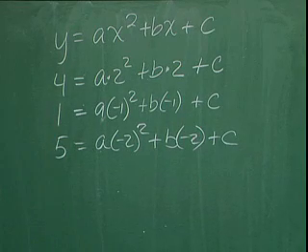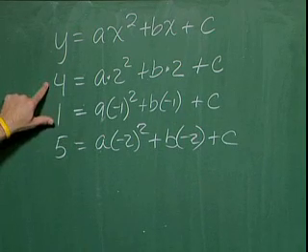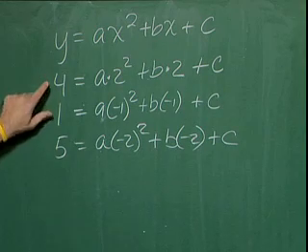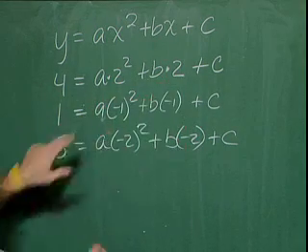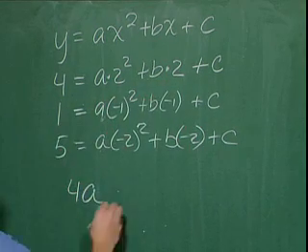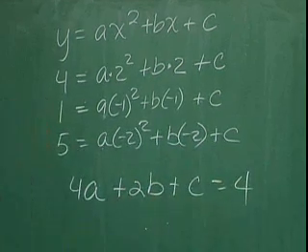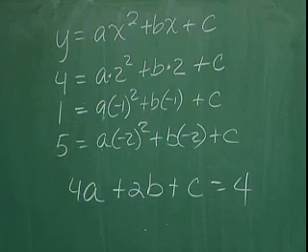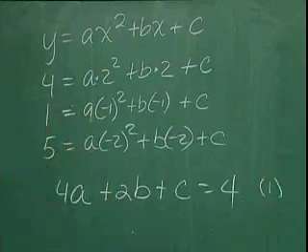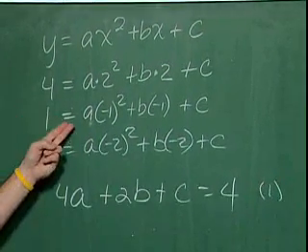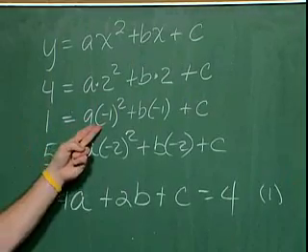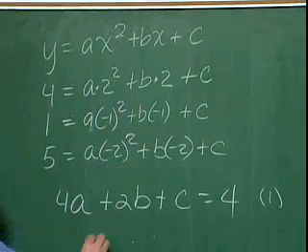Let's simplify each of these equations. If I take this equation and start by writing the a first, I'm going to get 4a plus 2b plus c equals 4. And that, of course, will be referred to as equation number 1. The second equation, it would be -1 squared is just +1.